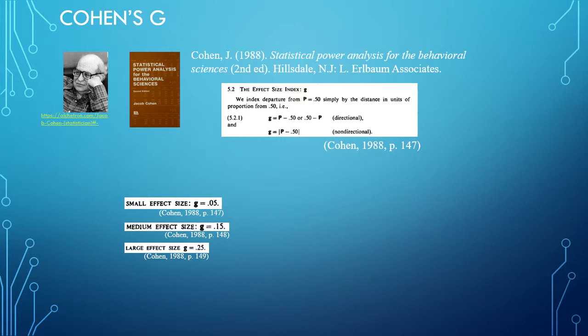Note, by the way, that the maximum can be 0.5. So if you have 100% versus 0%, then the difference from the middle is 0.5, your maximum. Now, one small complication here is what about those values in between?